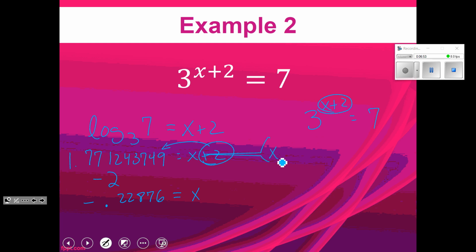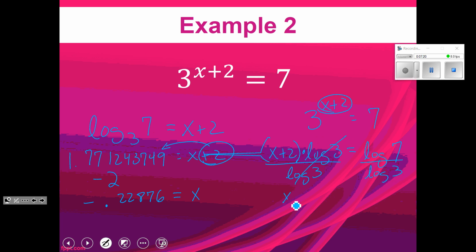So this is going to be the x plus 2 times the log of 3. And if I take a log on this side, then I need to take the log of 7 on that side. These are being multiplied, so how would I get rid of the log of 3? I'm going to divide by the log of 3 on both sides.